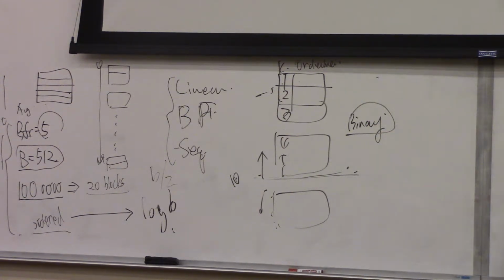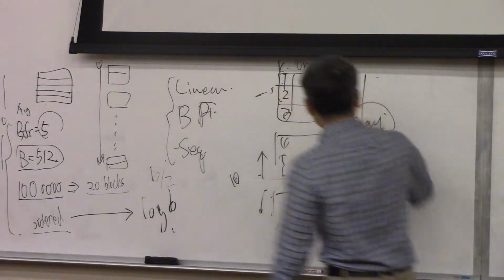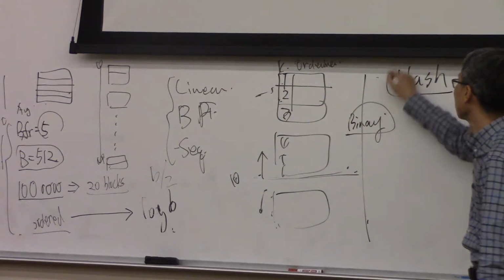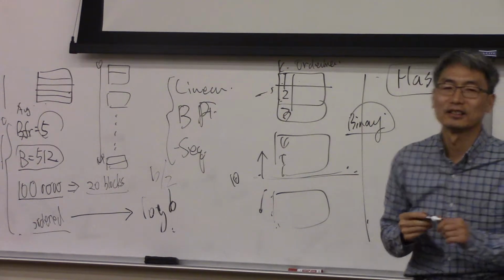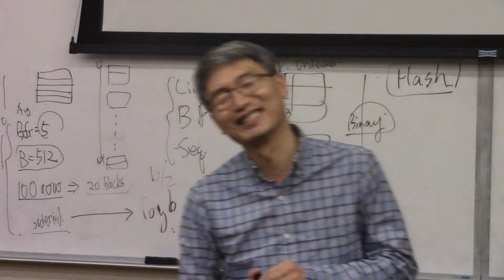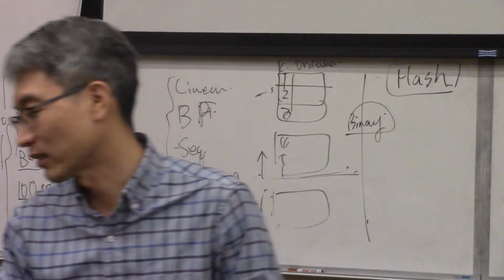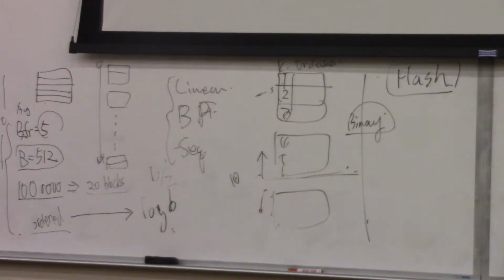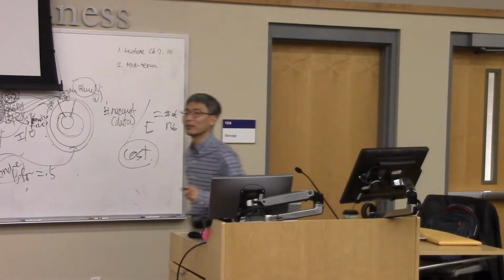Another approach is that we can use the hash. What is a hash? Every time I teach this, I ask, what is a hash? Hash is a data structure, yes. What kind of data structure?